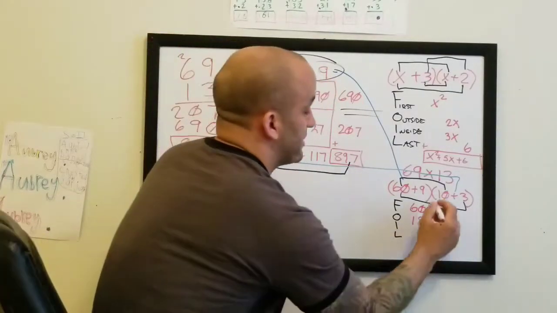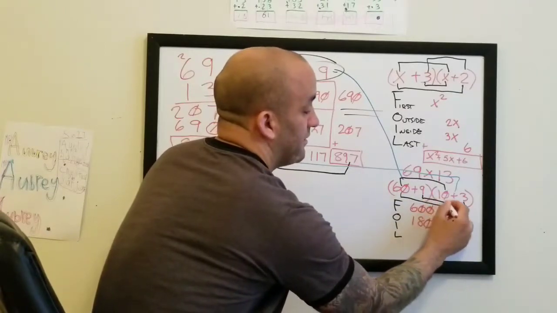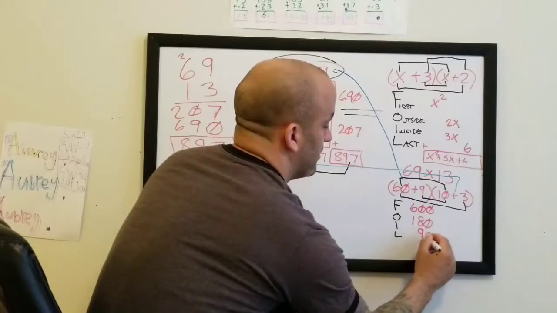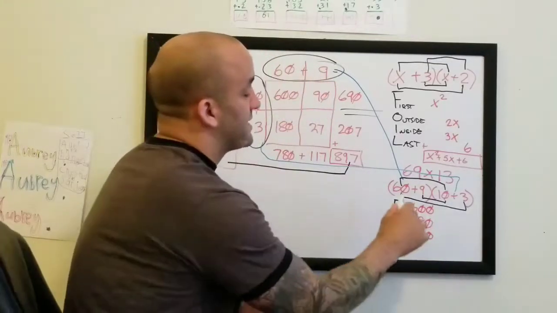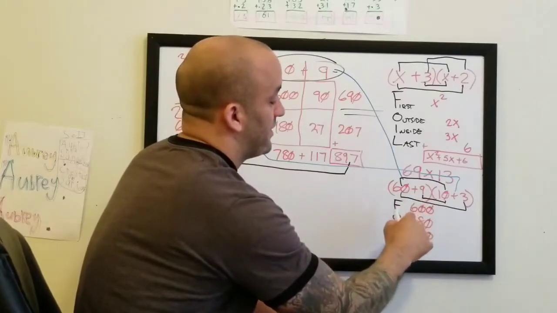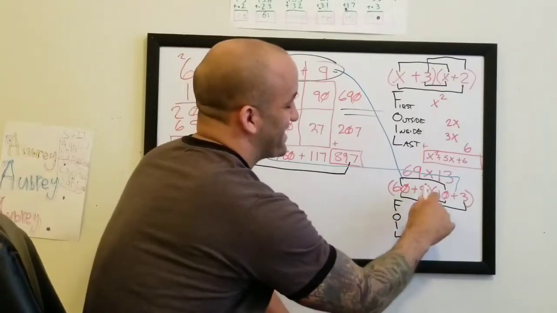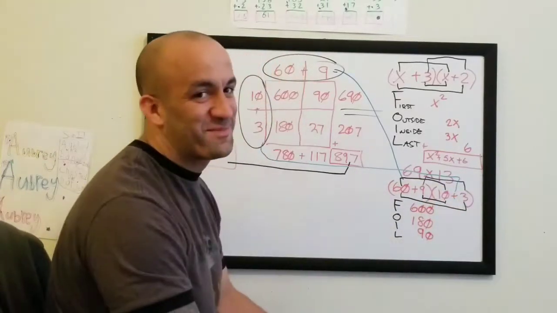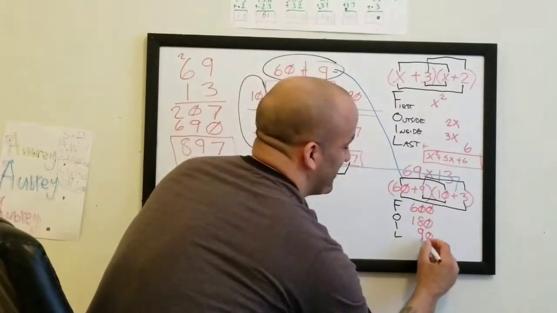We take our inside terms. 9 times 10 is 90. And then we take our last terms. First, outside, inside, last. We multiply these. 9 times 3, which is 27.